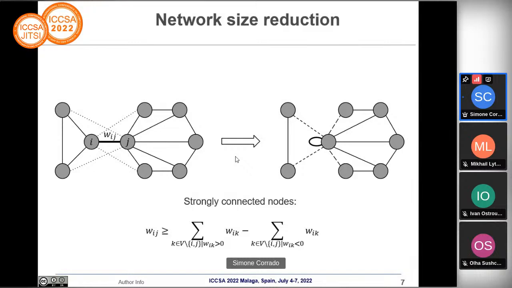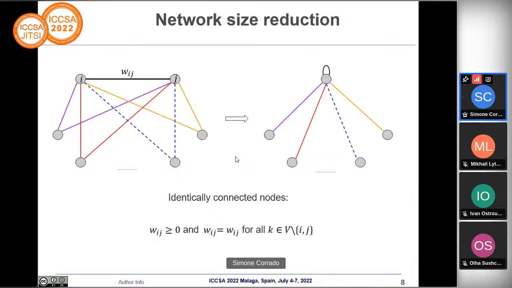So that's one possibility that could allow us to merge nodes, reducing the size of the network. Another possibility is that nodes i and j could be just identically connected, and if they don't have a negative edge between them, that will also mean that they will fall into the same community in the final optimal partition. That can be seen quite easily.